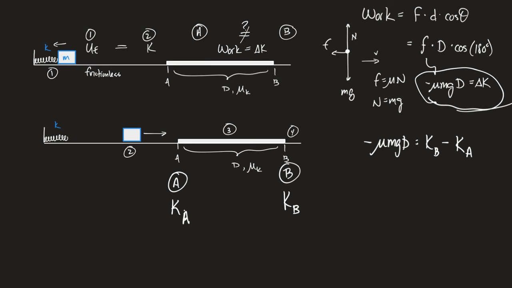Now, just follow me for just a minute. I'm not trying to make this hard, but let's add this to both sides. I'll get Ka minus mu mg d equals Kb.